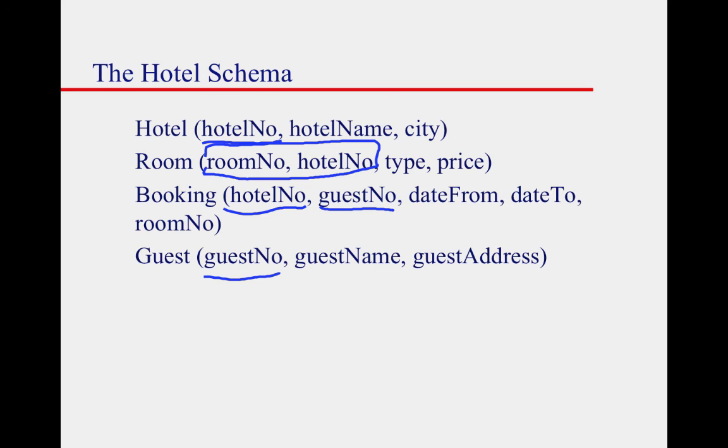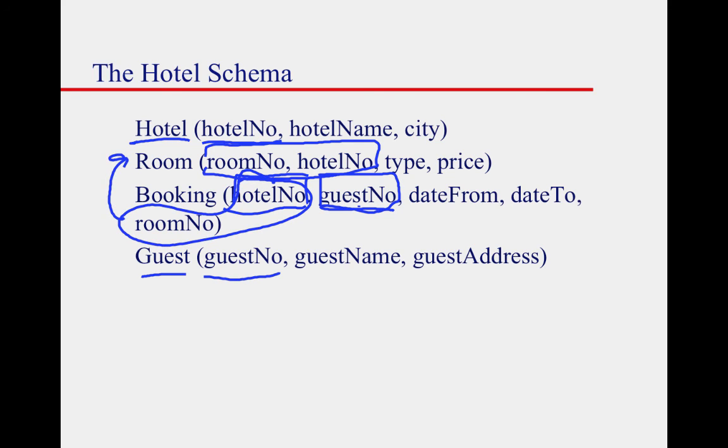The foreign keys here are hotel number for hotel, guest number for guest, and then these two form the foreign key for room.